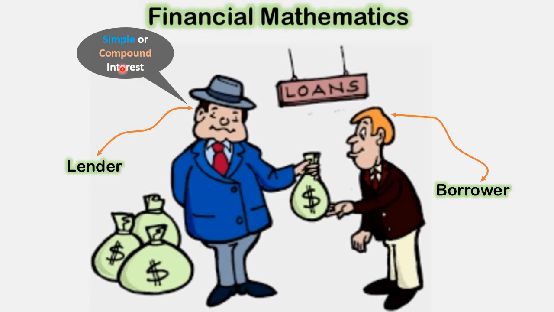We're still going to be dealing with this word interest a lot. I will explain it in the next slide. But after the lender decides whether he's going to lend you the money on simple or compound interest, in most cases the borrower becomes confused.